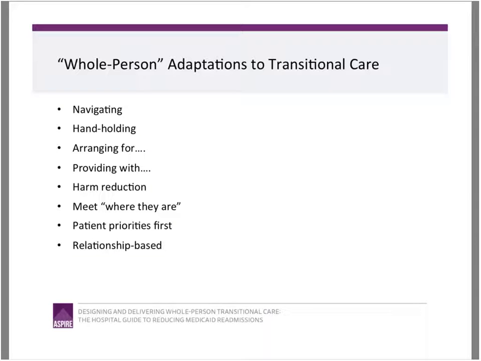Other whole person adaptations to transitional care is to adopt a harm reduction approach to working with patients who have a variety of pressing priorities and who are at a variety of different stages of change. And we see that teams that are particularly successful with patients with clinical, behavioral, and social needs always incorporate a harm reduction approach into their work.